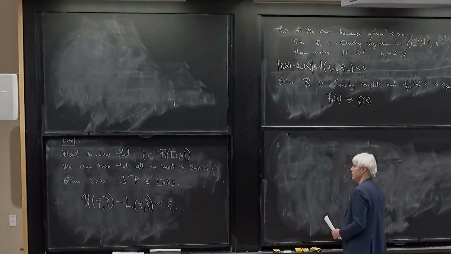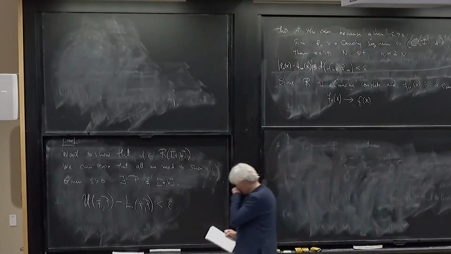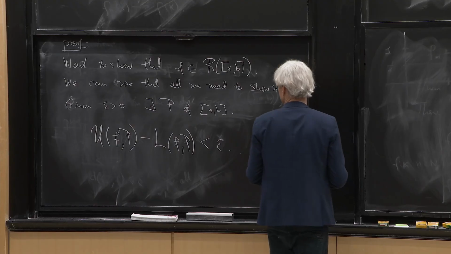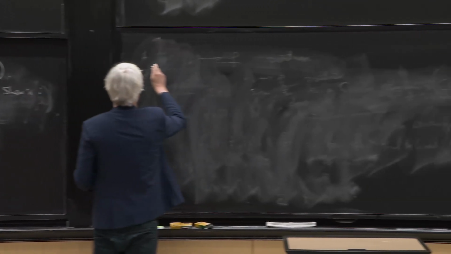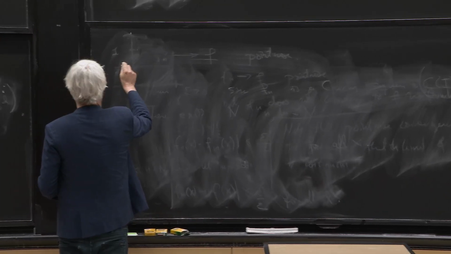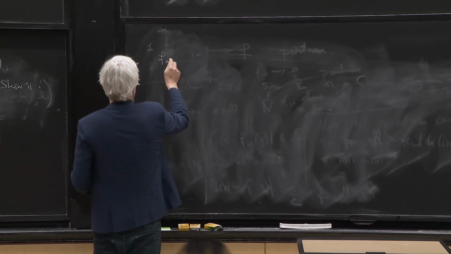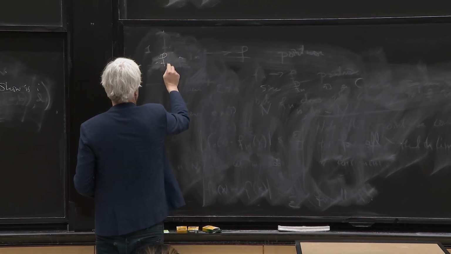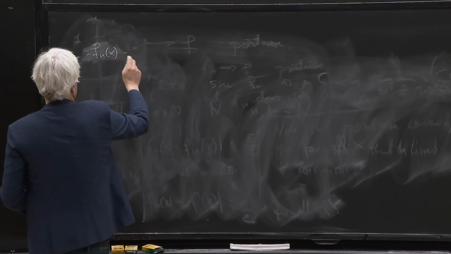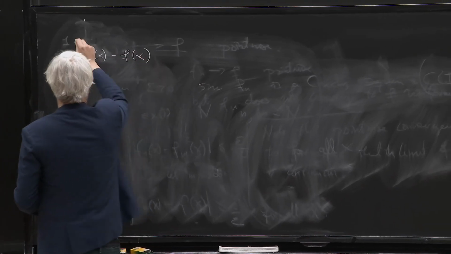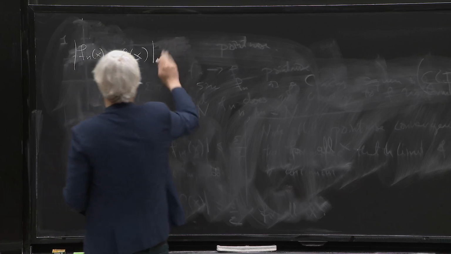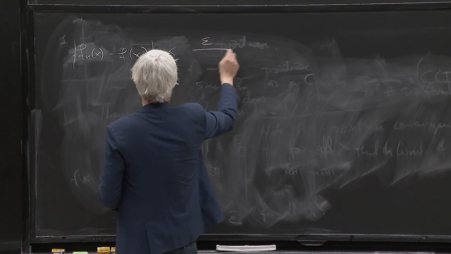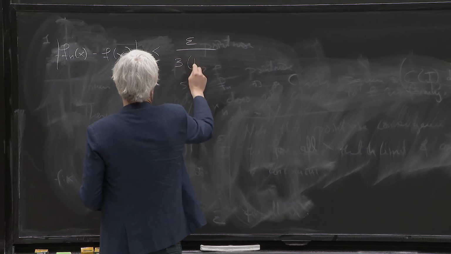Right, okay, so now how do we prove that? So the first thing we observe is that suppose that fn of x minus f of x is less than epsilon over 3(b minus a).